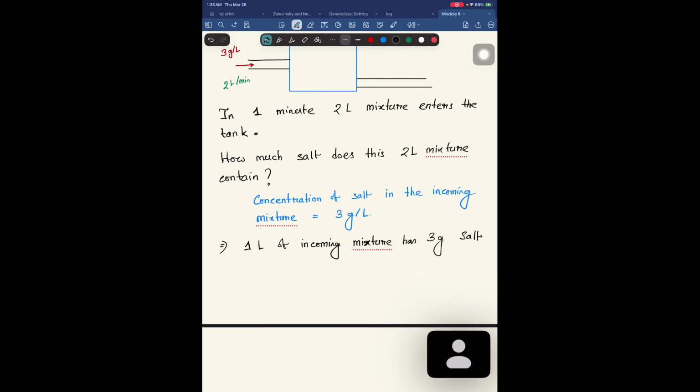So in 1 minute, 2 liter mixture is coming in, right? So 2 liter of incoming mixture has 3 times 2 gram of salt, which is 6 gram of salt.